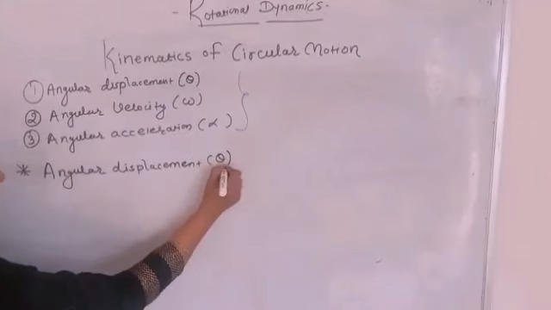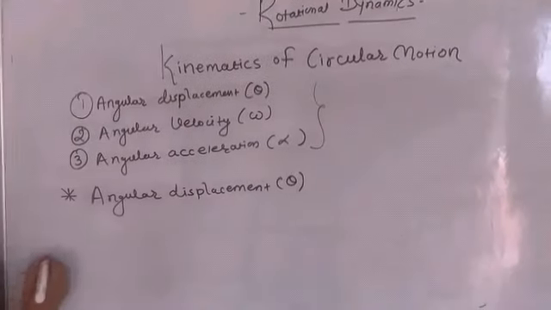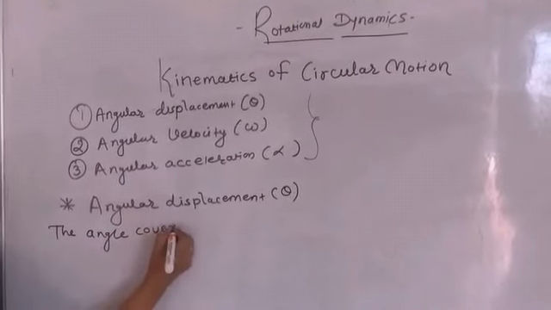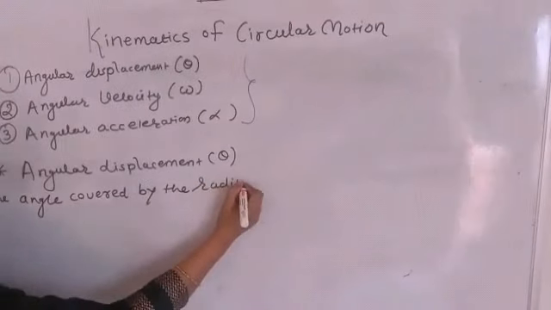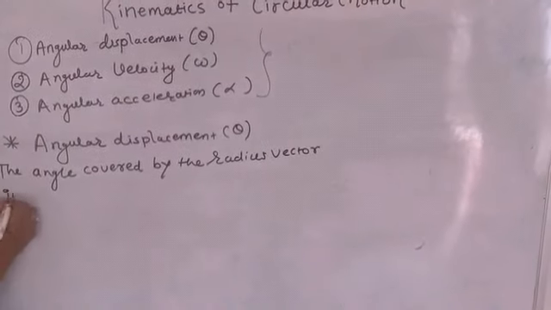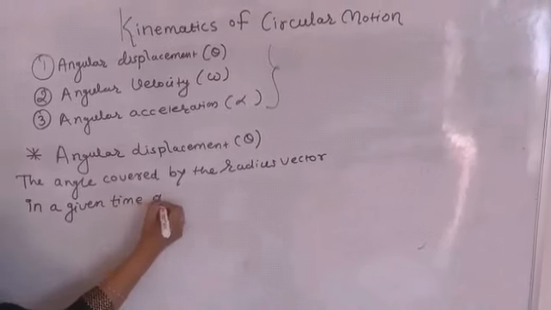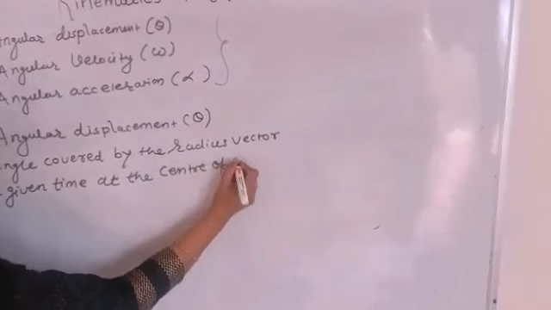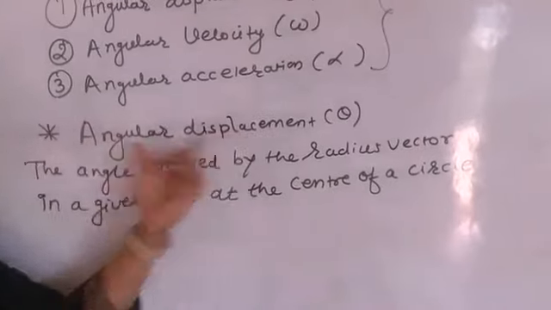Angular displacement, theta. Now what do you mean by the angular displacement? The angle covered by the radius vector in a given time at the center of a circle, that is called as the angular displacement.